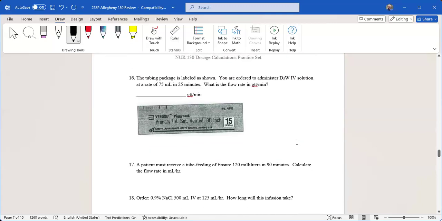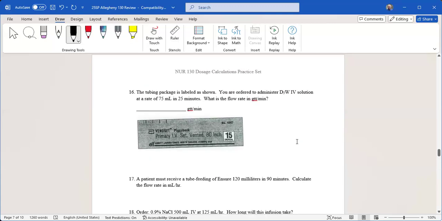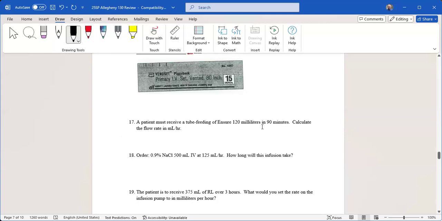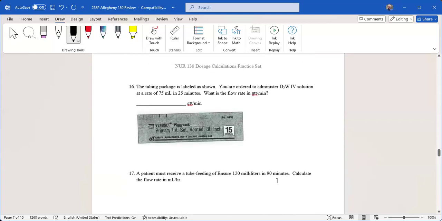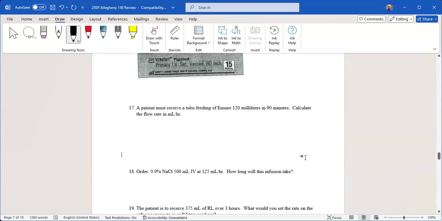Okay. So a couple of things about flow rate. I'm going to write some notes, starting with this one here. Before I answer any question about this, let's write some notes. When I'm calculating flow rate, I need to know a couple of pieces of information. I need to know the volume and I need to know the time.